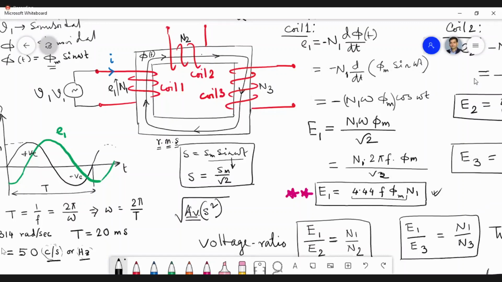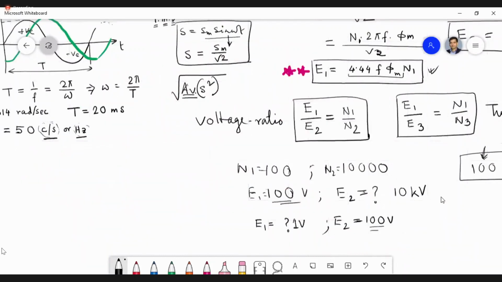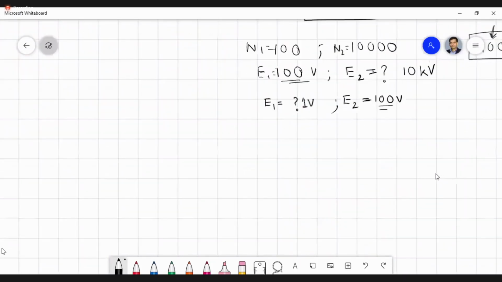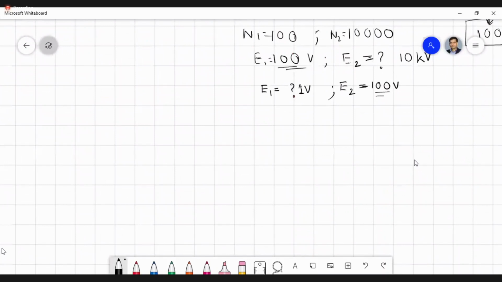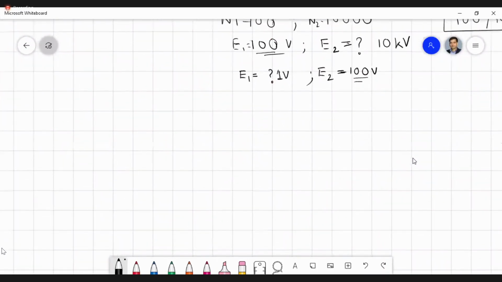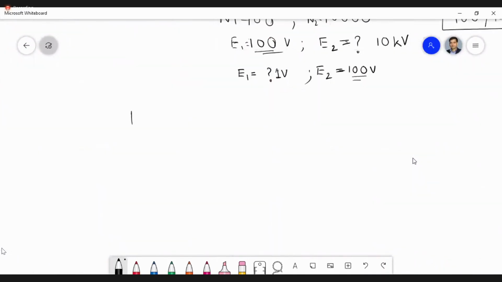Is that clear? I should define very clearly what electrical power is, because electrical power is different and mechanical power is different.